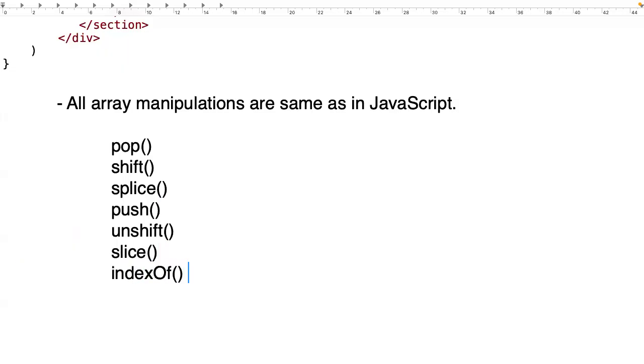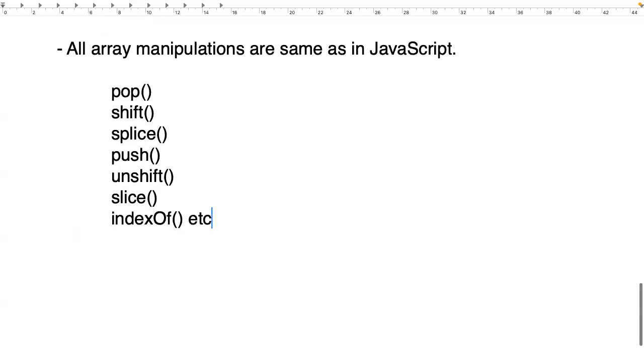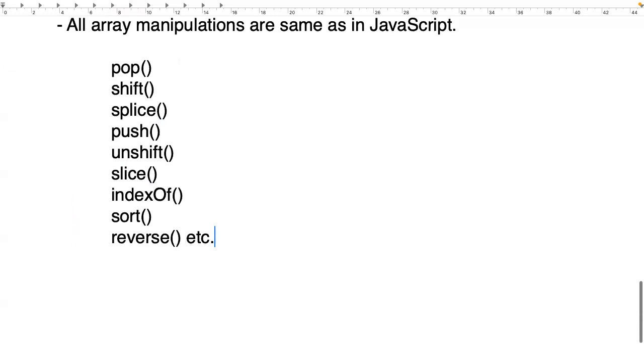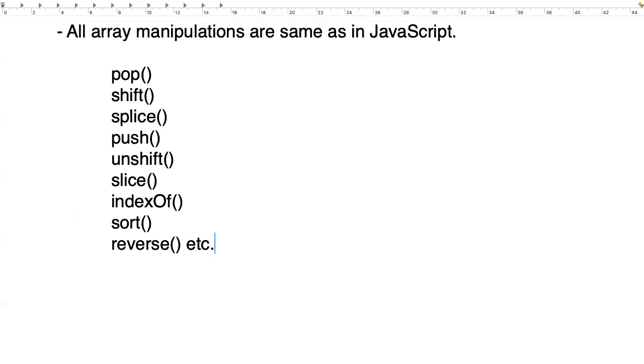All these array related methods and manipulations are the same. What else did you learn? Sort, reverse, these are all array methods, all the same. Whatever array manipulation methods you learned in JavaScript are used the same way here. Those we will put in examples later.